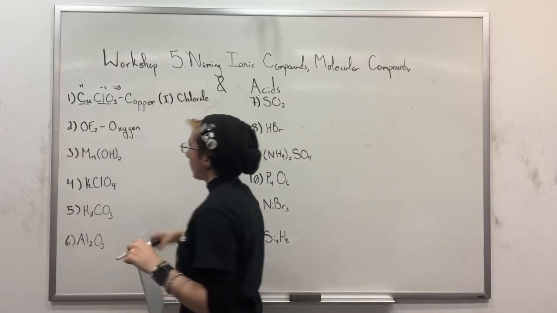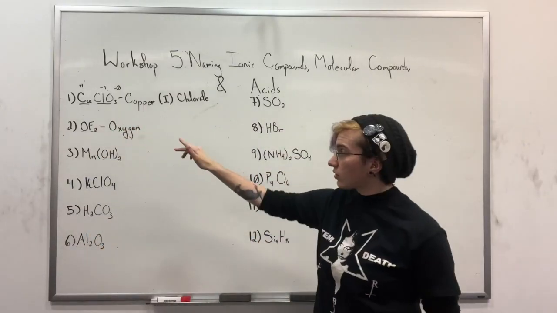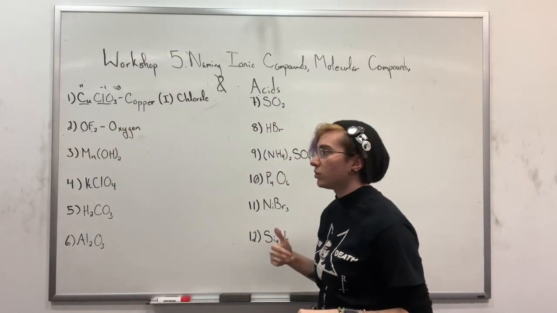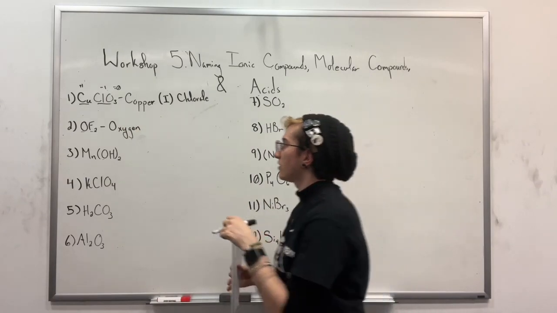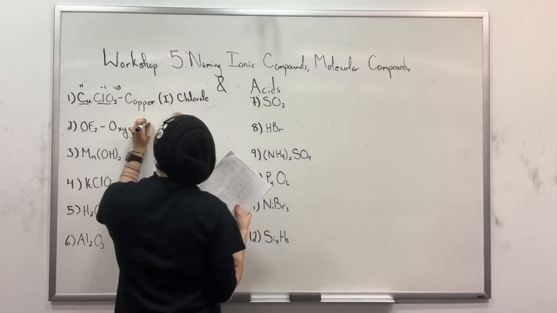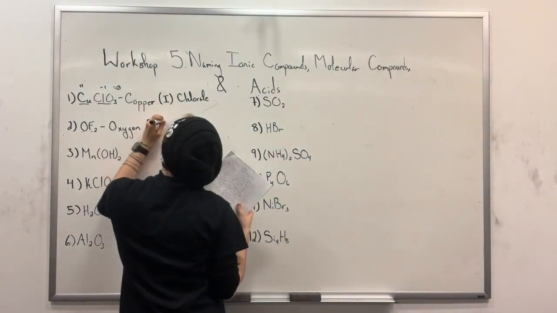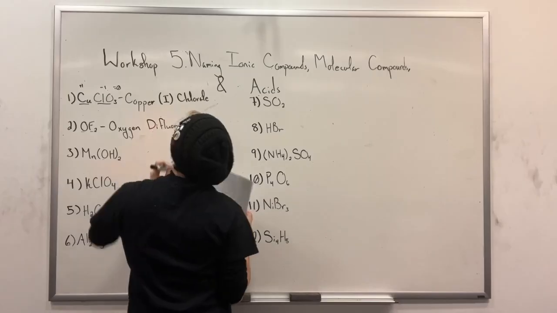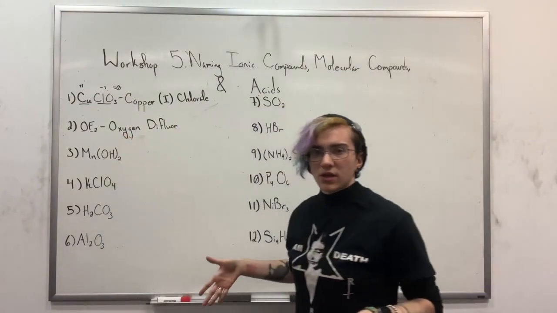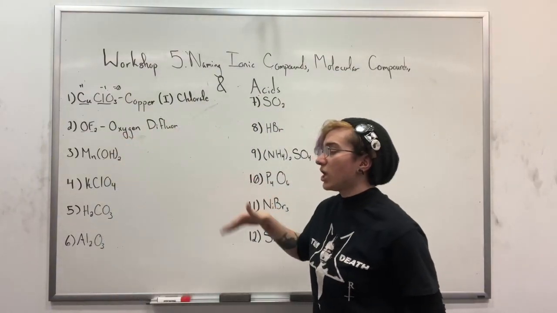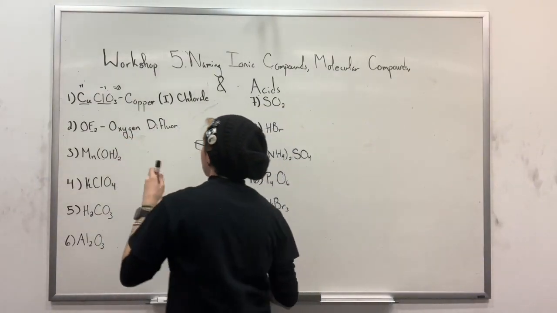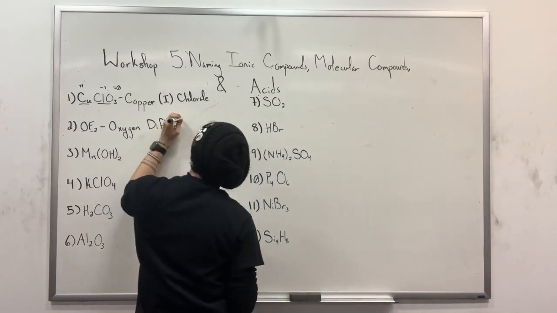And now F, fluorine, there are 2 fluorines, and so we need to put the prefix for 2. This is di-fluor. Fluorine is not a polyatomic ion. We have to include the change of suffix. This is not oxygen difluorine, it is oxygen difluoride.